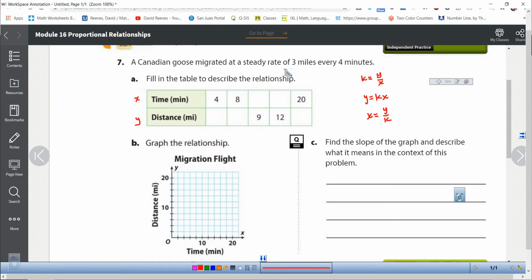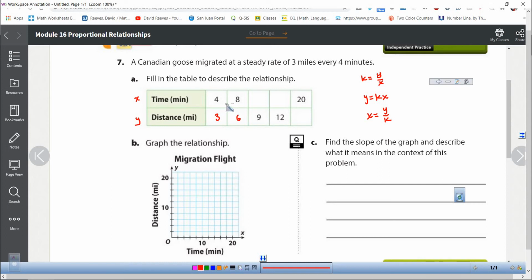But let's fill in the table here. 3 miles for every 4 minutes. So 4 minutes is 3 miles. 8 minutes, we've doubled it, so that's going to be 6. If you take a look here, 3, 6, 9, 12, these are consecutive multiples of 3.